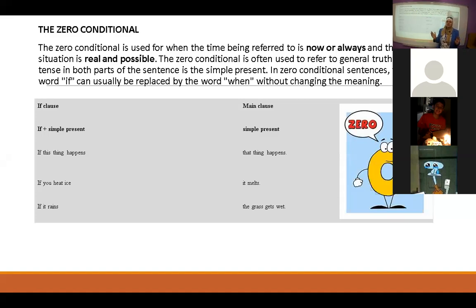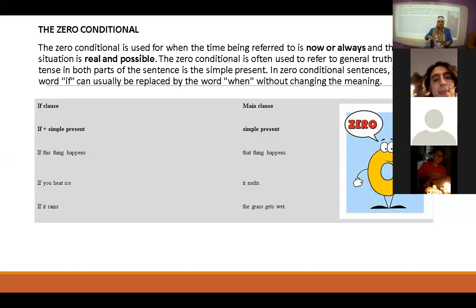Zero conditional has only one use. It's used with real things which don't change now in the present. They don't change in the present. Permanent things, real things in the present.